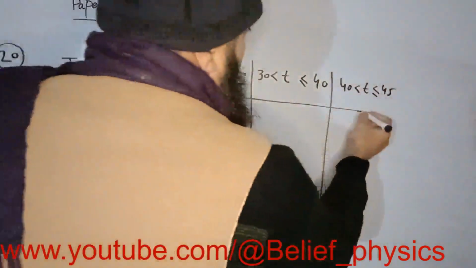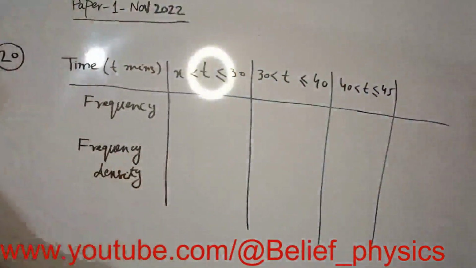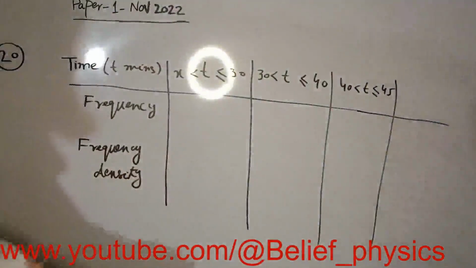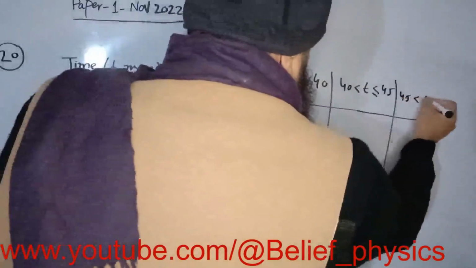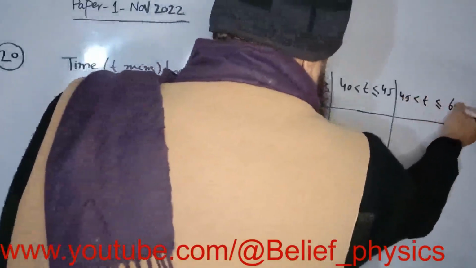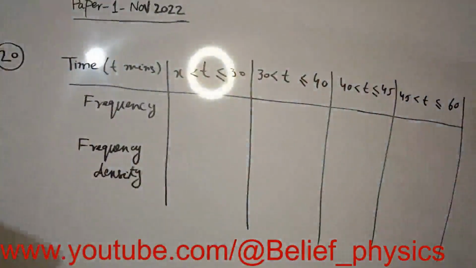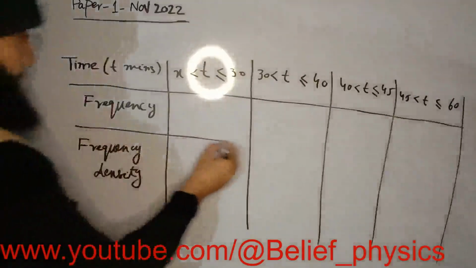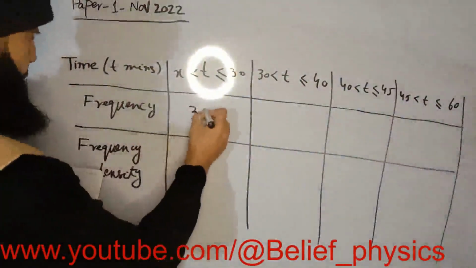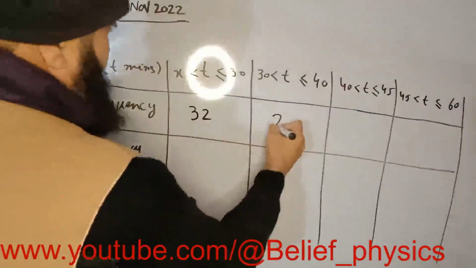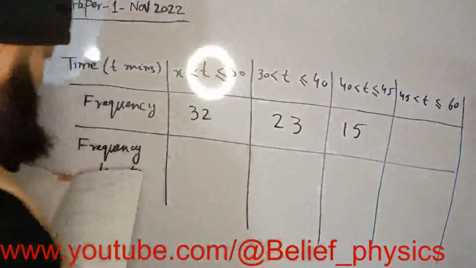When we have unequal widths of intervals, we use frequency density for drawing the histogram. The last column is 45 less than t, less than or equal to 60. In the frequency row, the data given is 32, 23, 15, and then 30.